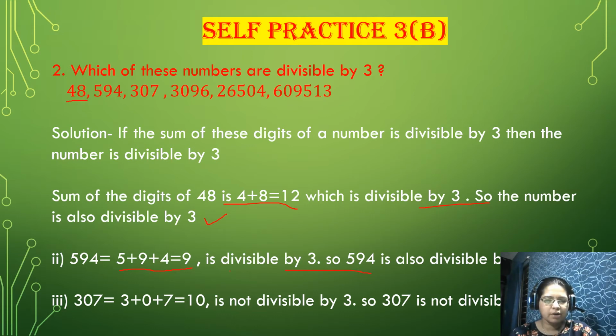So 594 is divisible by 3. Then 307. Here the sum of the digits is 3 plus 0 plus 7, which is 10. 10 is not divisible by 3. So 307 is not divisible by 3.